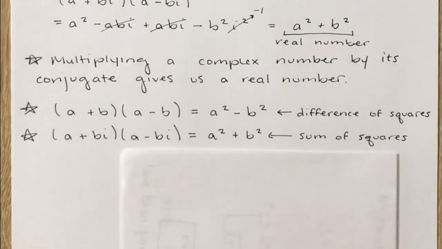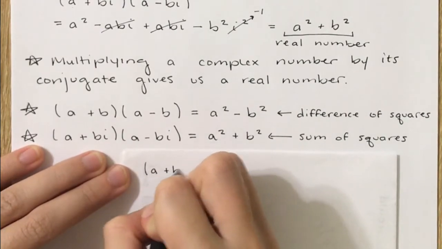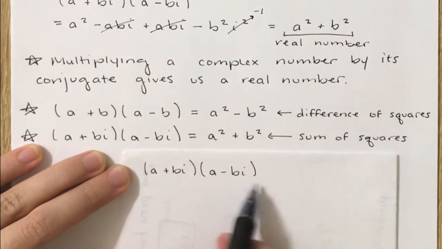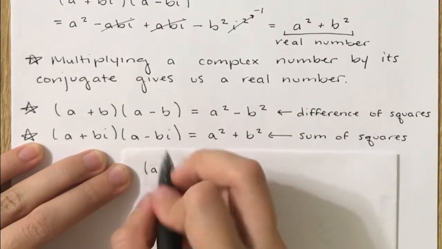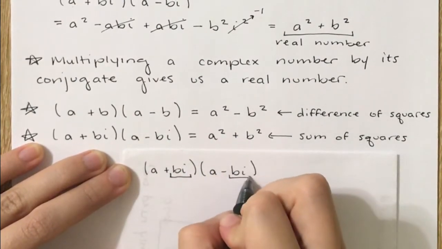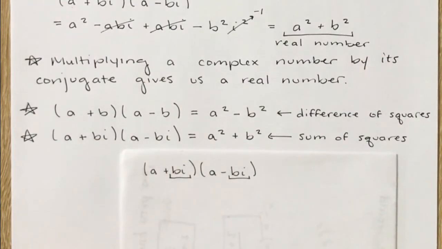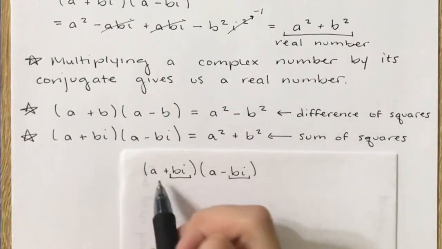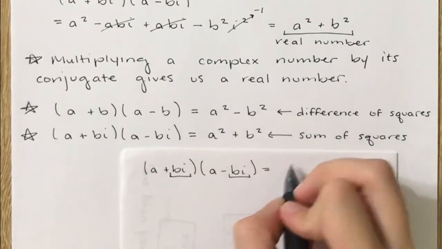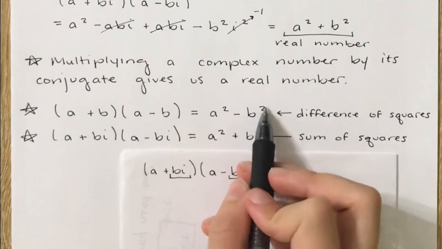Another way that we can think about this is in terms of the difference of squares. Let's say we are looking at a plus bi times a minus bi. In this case, I have a plus something, right? Let's make bi a unit, and then a minus something. This is the same structure as the difference of squares, which tells us that this is equal to a squared minus whatever my second thing was, squared.